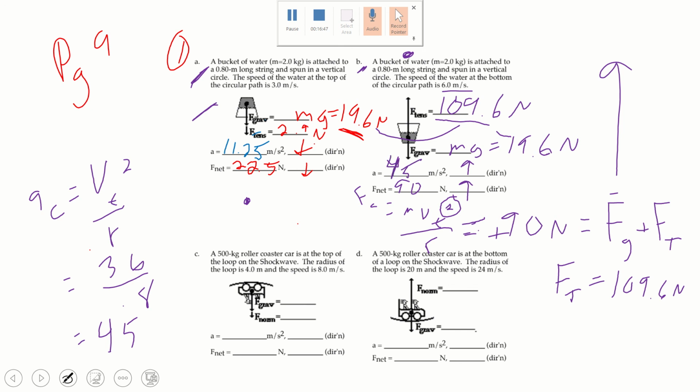Sorry, my writing on the screen is not super easy. Okay, so we did parts A and B. And again, we'll clean this up a little bit so you guys can just see our answers here.